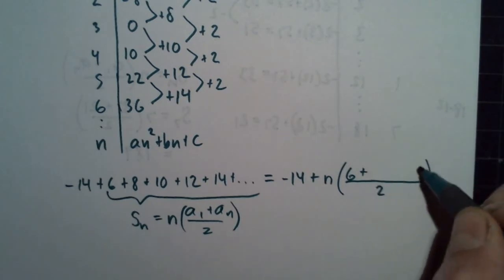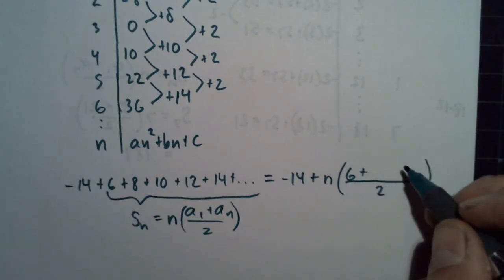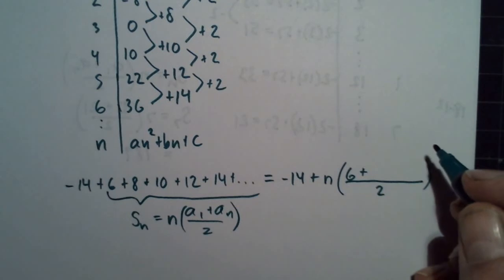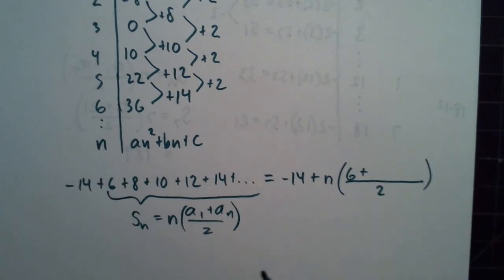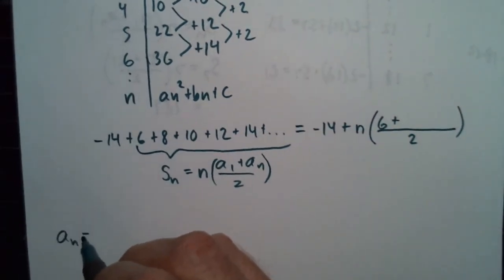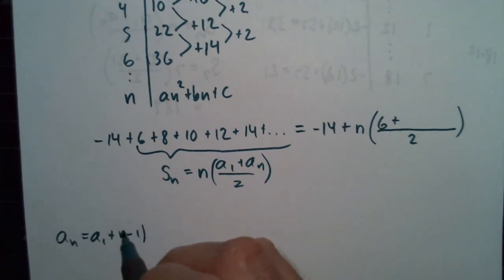And let's remember what the nth term is. The nth term of an arithmetic sequence, an equals a1 plus n minus 1 times d.